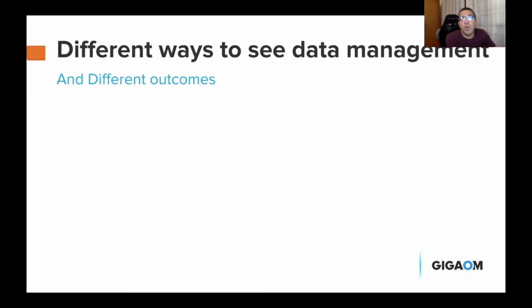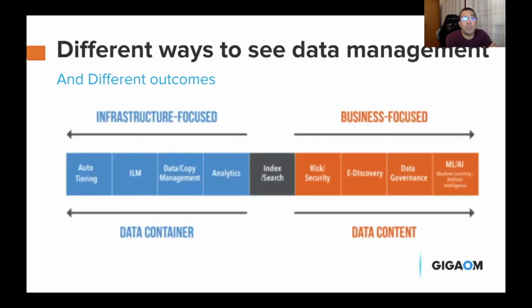There are different ways to see data management and different outcomes, of course. Usually, we at Gigaom propose this graphic where you can see that you can have an infrastructure-focused approach or a business-focused approach. In the first case, everything is about the container data, the volumes, the files. So you work primarily on metadata.